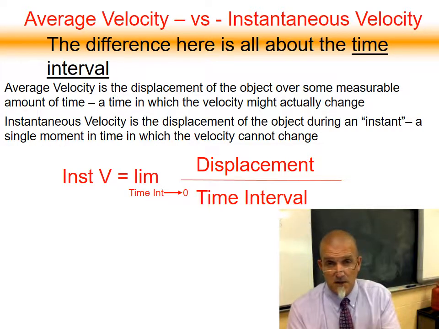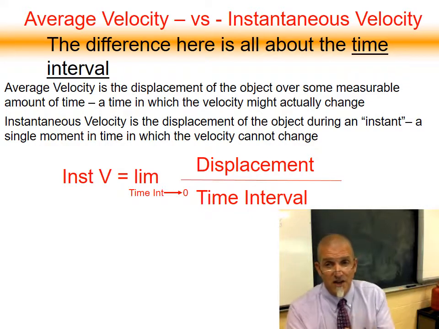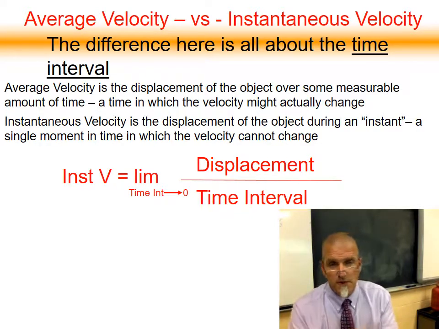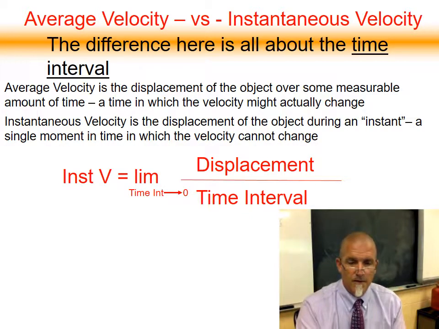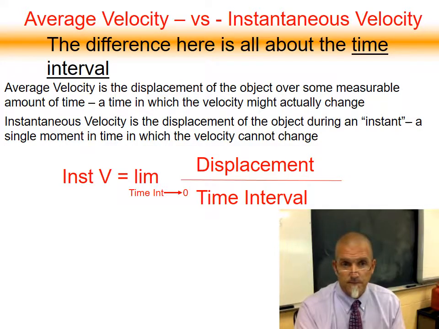The idea of limit here is used to express the idea of instantaneous velocity. Very small, again, infinitesimally small period of time. That whole idea of limit is very helpful in defining or describing this idea of instantaneous velocity.